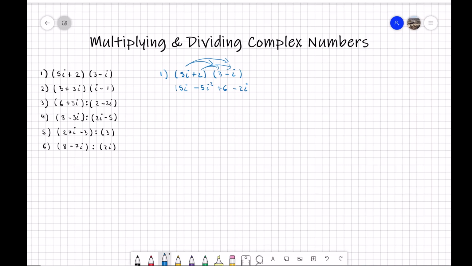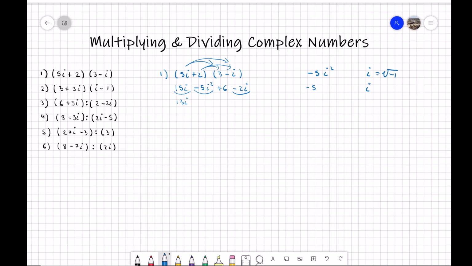So now we're gonna add the imaginary numbers together. So 15i minus 2i, that's 13i. Then here we have negative 5i squared, right? Do we know what is i squared? We said that i is equal to the square root of negative 1, right?